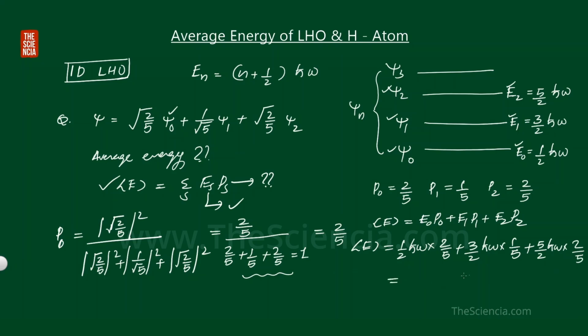By multiplying all these terms, you will get 3 by 2 h cross omega. Here the only difficulty is that you should know the equation of energy for the 1D linear harmonic oscillator.